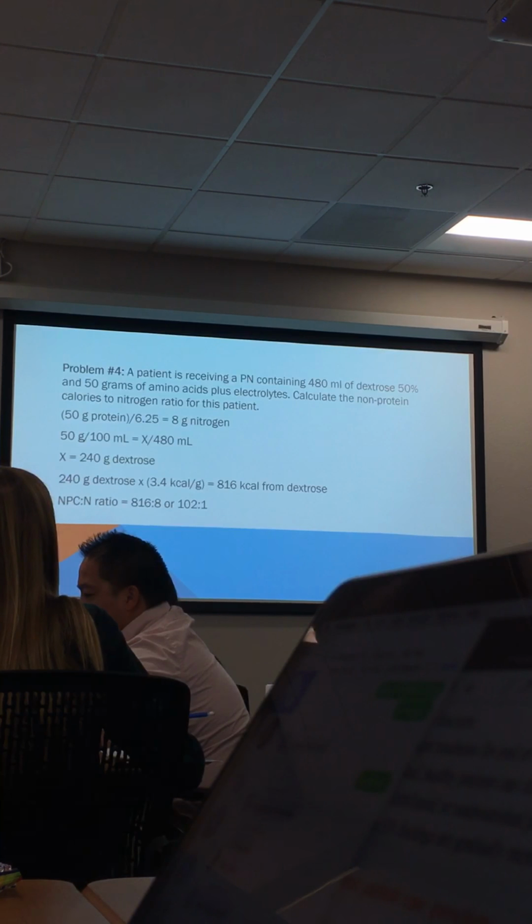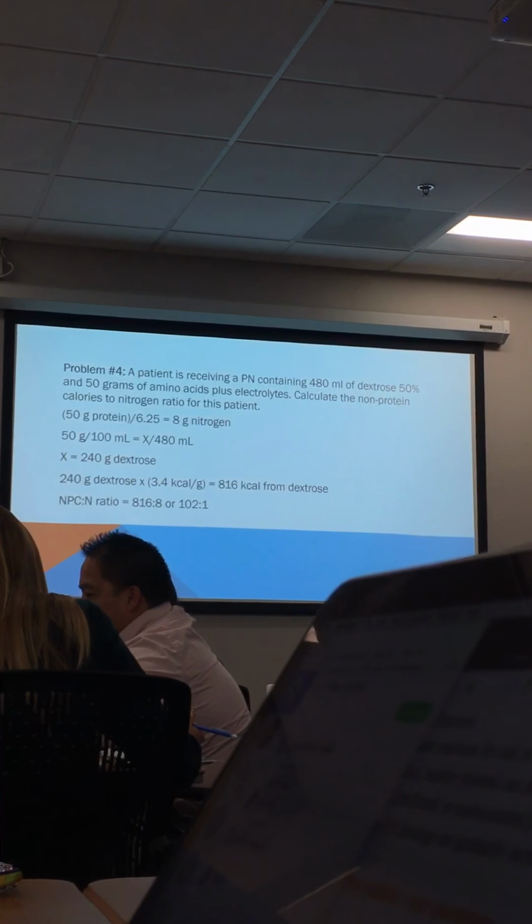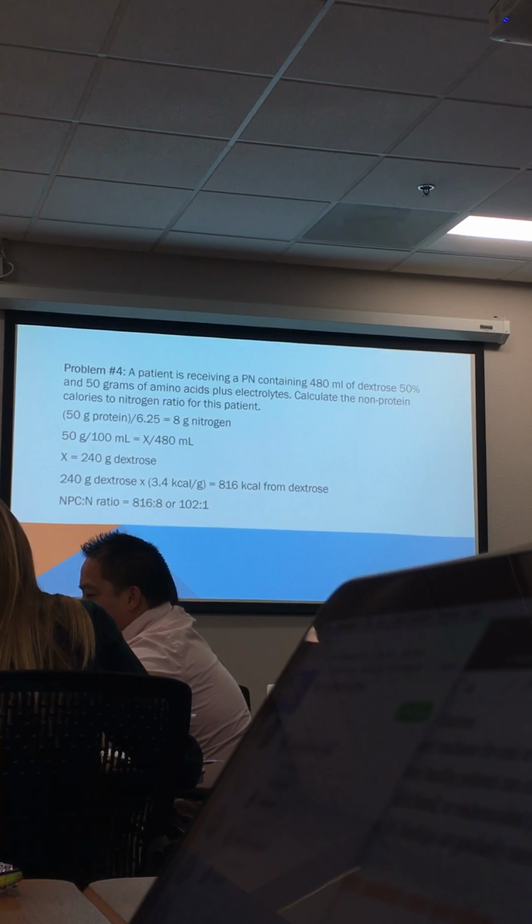So non-protein calorie, from what components? Macro components. Yes. Okay. So for this question, you use the previous formula and calculate the nitrogen, and then calculate how many grams of dextrose.